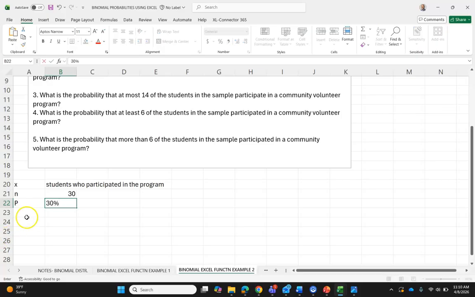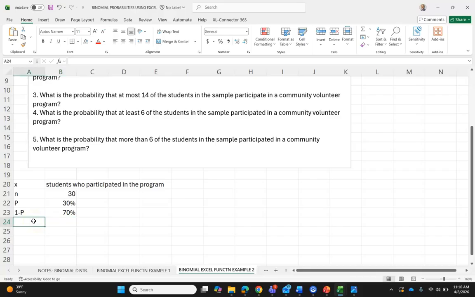So we know probability of failure, which is 1 minus probability of success. So I'm going to put an equal sign there, type 1 minus the 30%. So we get probability of failure, which is 70%.